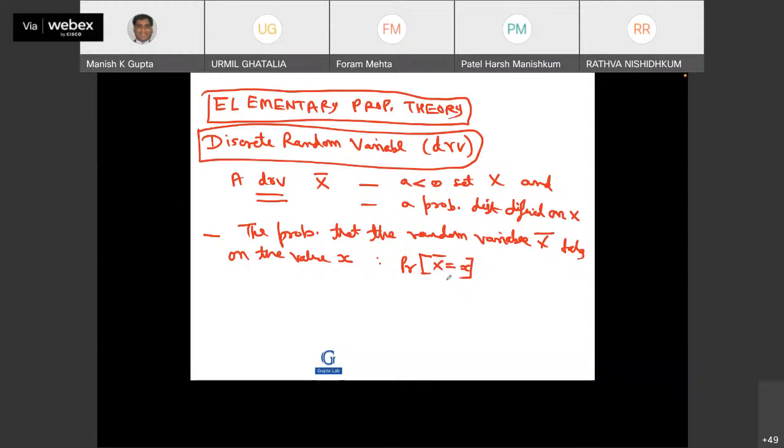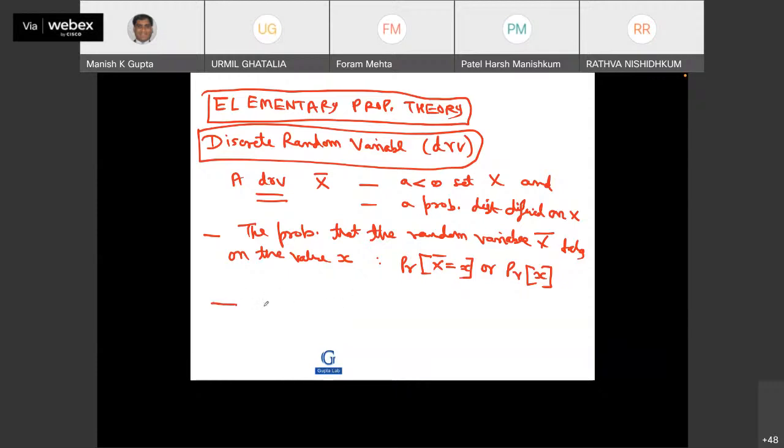Or if X bar is fixed, we simply denote it by Pr[x]. So the probability that the random variable X bar takes on the value x of the set X is denoted by this.